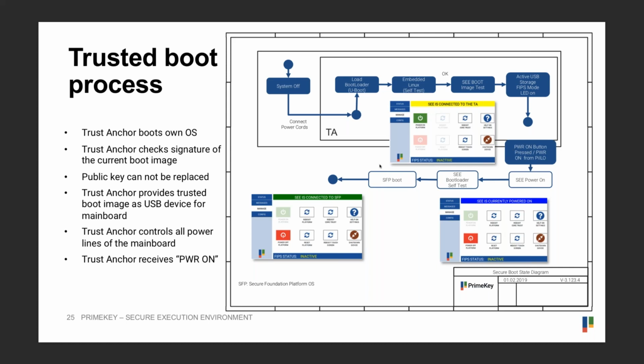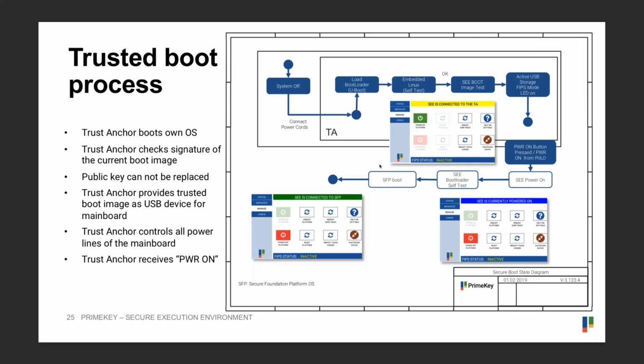The signatures of these boot images are validated, and if the signature is okay and not modified or invalid, the trust anchor will go into the mode where it starts presenting the boot image as a USB device to the main board.